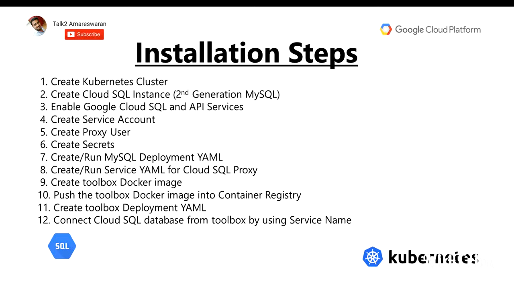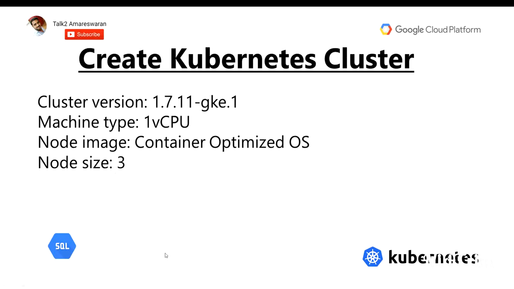It is a utility to connect to SQL, and then push the toolbox Docker image into the container registry so that you can create a deployment YAML to create a toolbox pod, and then connect to the Cloud SQL database from the toolbox by using the service name. So these are the steps we need to focus on.